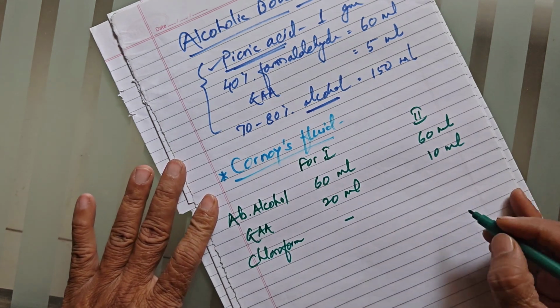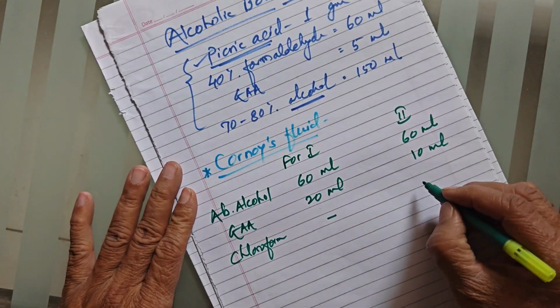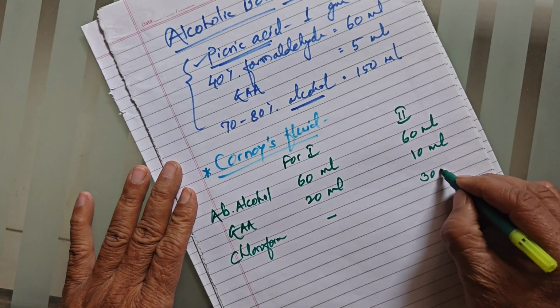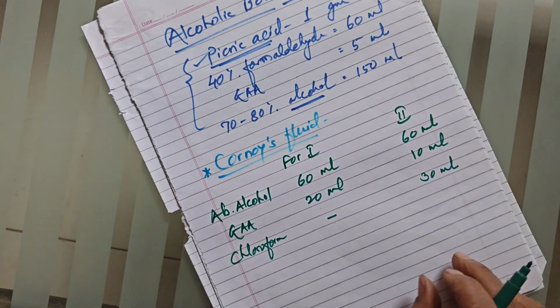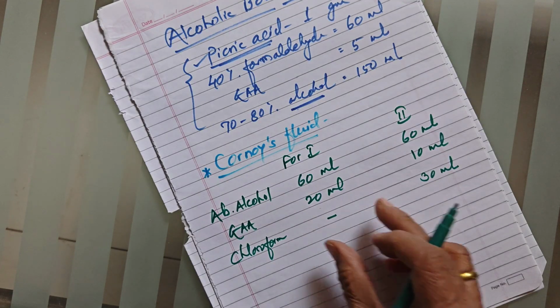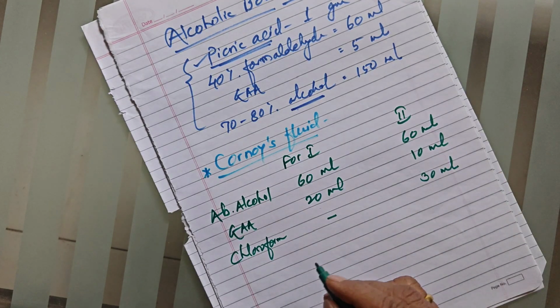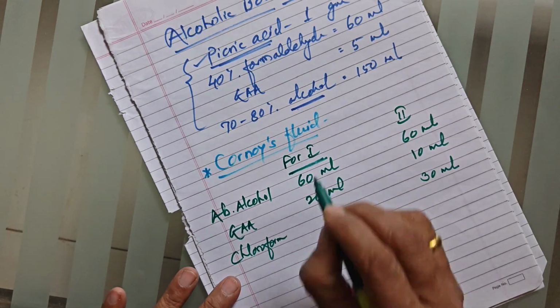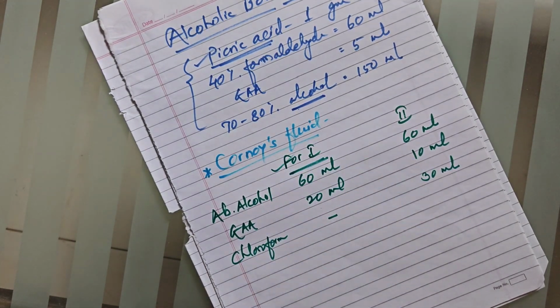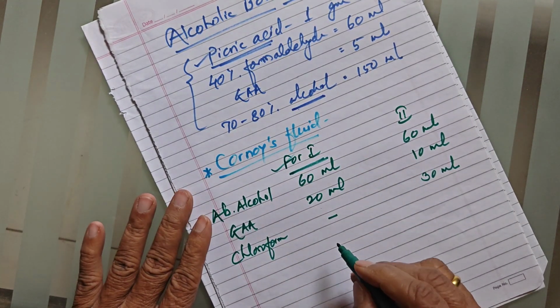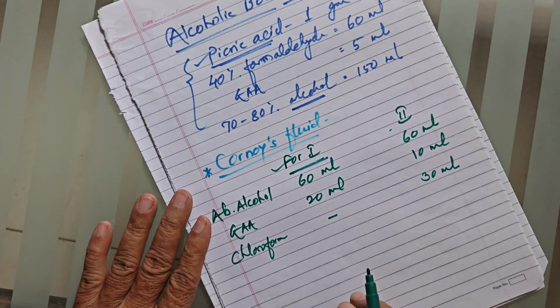In formula second, take 30 ml chloroform. So this is the difference between formula first and formula second. Formula first is more generally used than formula second.